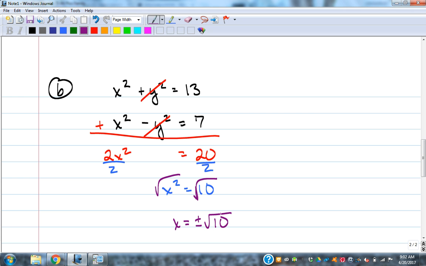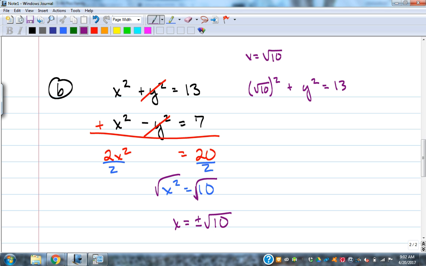Let's go back and get those answers for y. We're going to pick one of the equations to start with. I'm going to pick the top one because it's got all positive signs in it, so I don't have to deal with the negative. Not that it matters; just pick the one you think is easiest. When x is positive square root of 10, that would be square root of 10 squared plus y squared equals 13.